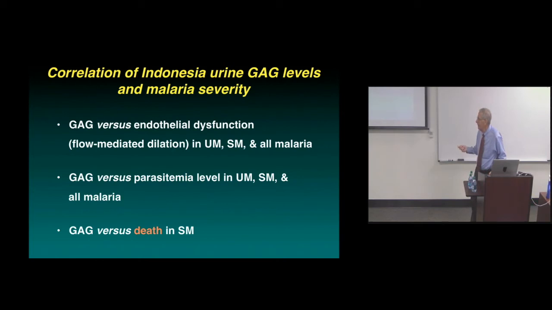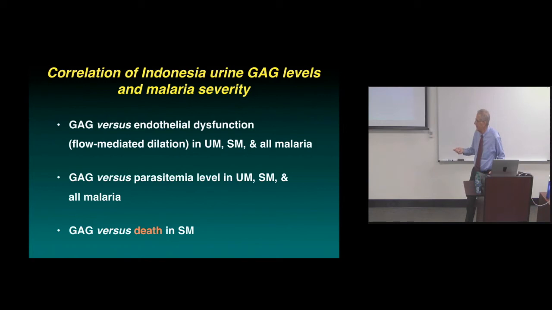And also, the level of abnormality of glycosaminoglycan relates to the level of parasitemia and also a measure of malaria density, measuring a certain protein that's elaborated by the parasites, the histidine-rich protein type 2, HRP2, and we've done those too.